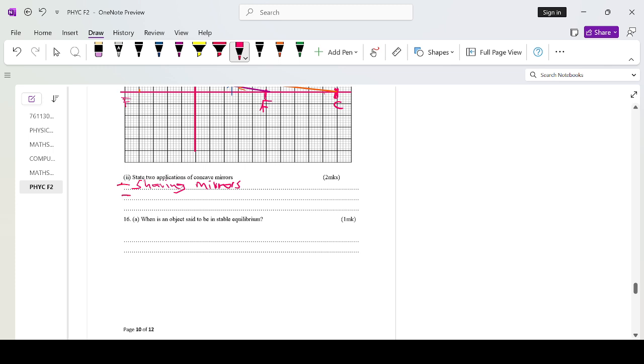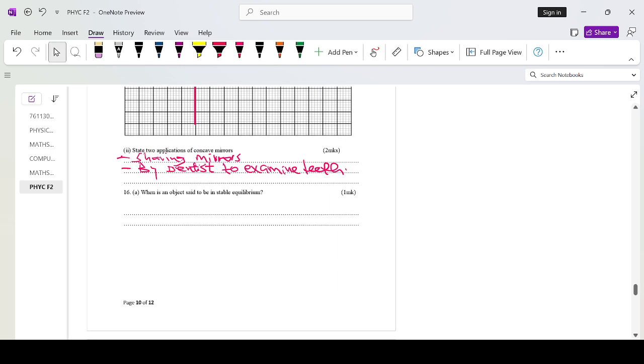Another application of it is by dentists to examine teeth.